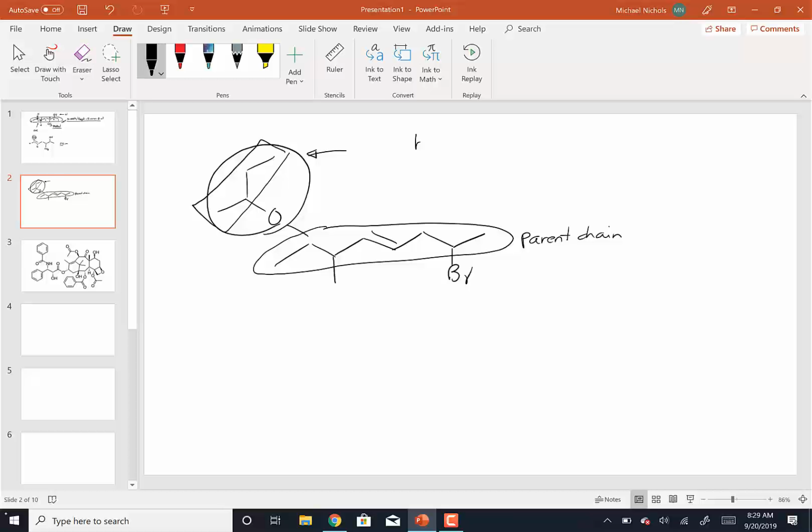Okay, I will accept that it is a butyl. It's going to be a butoxy group because that alkyl group is a butyl group because it's got a total of 4 carbons. What kind of butyl group is it?